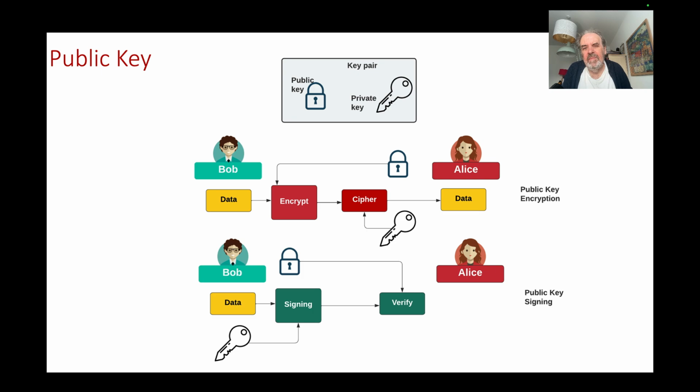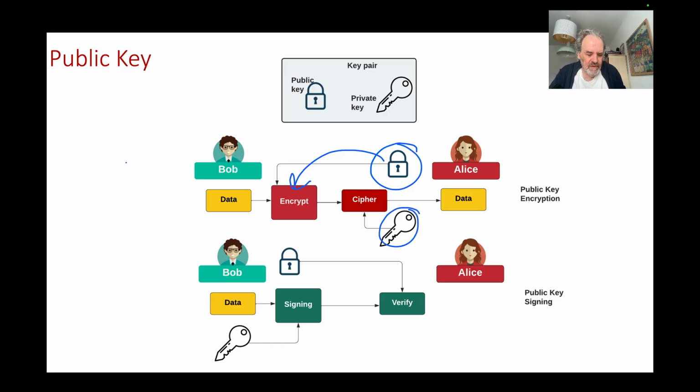But the main thing that we'll look at in this presentation is the usage of public key or asymmetric encryption methods. With this, public key encryption is typically used to encrypt data with the public key and then decrypt with the private key.